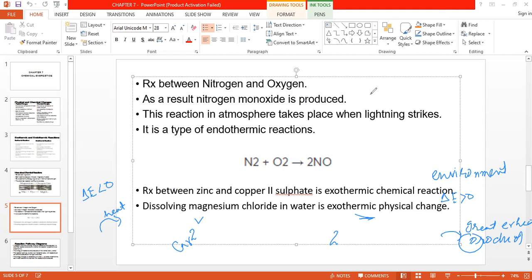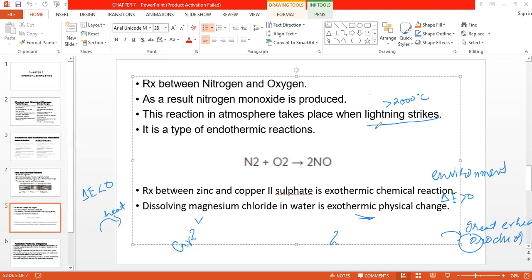But whenever there is lightning and the temperature goes above 2000 degrees centigrade, for example in a thunderstorm, then you see flashes of lightning, and what is actually happening is that nitrogen and oxygen in the air are reacting.